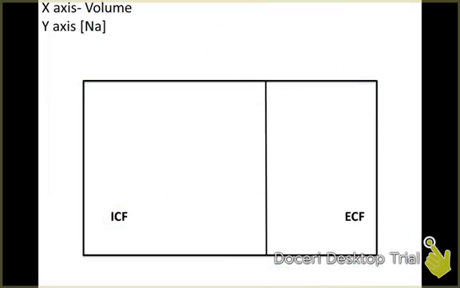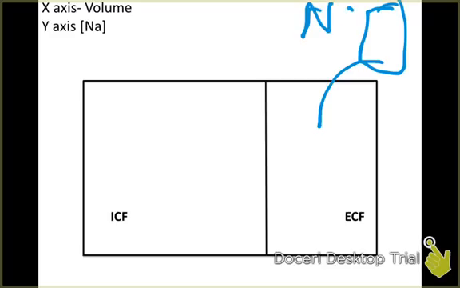So now, on this same image, let's discuss what happens if we add saline. Now I'll just call that NS, okay, into the extracellular space. What you'd be doing then, let's do our y and x-axis again.